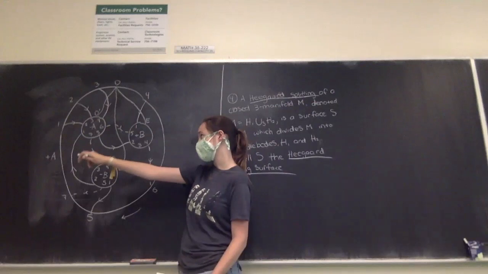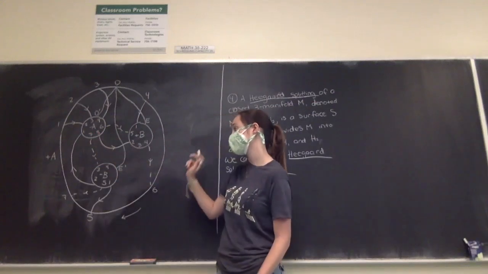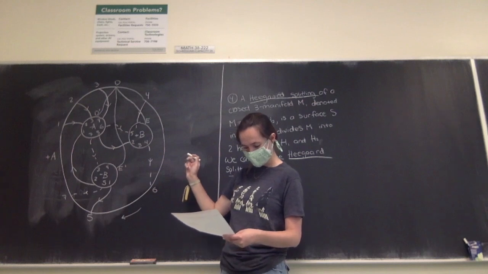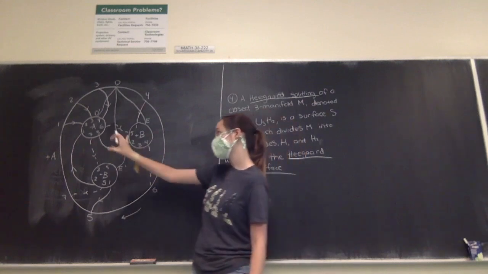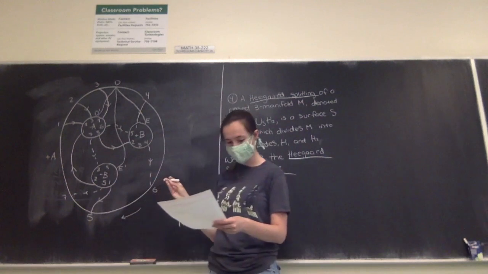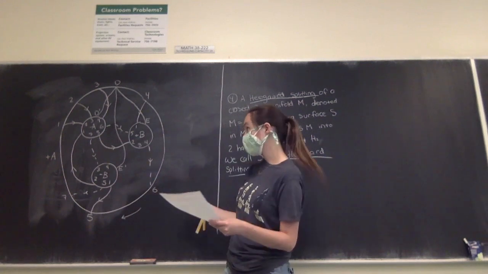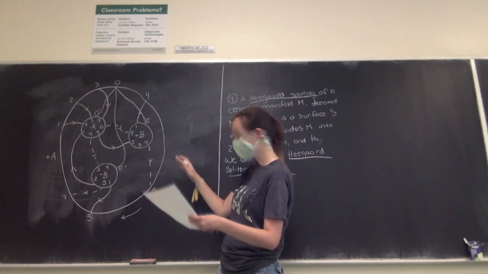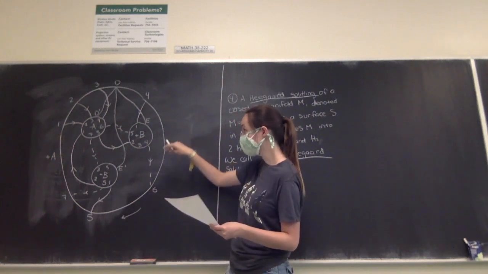So plus A corresponds to minus A, plus B corresponds to minus B. And together, those 2 pairings of circles form a cycle. And then the dashed lines represent another cycle, same with the solid lines with the arrows.